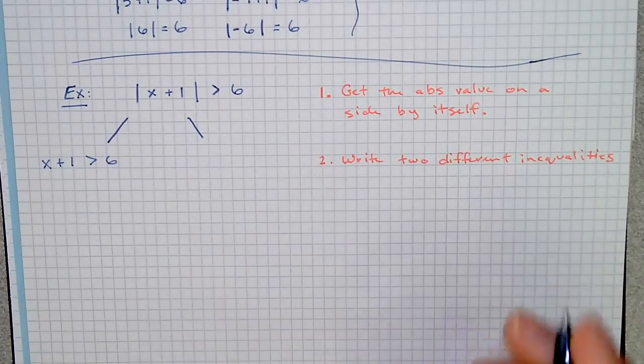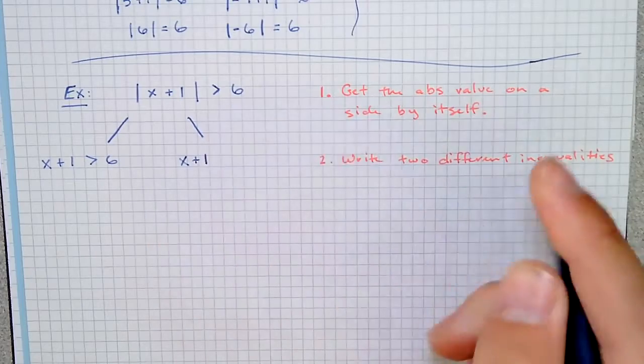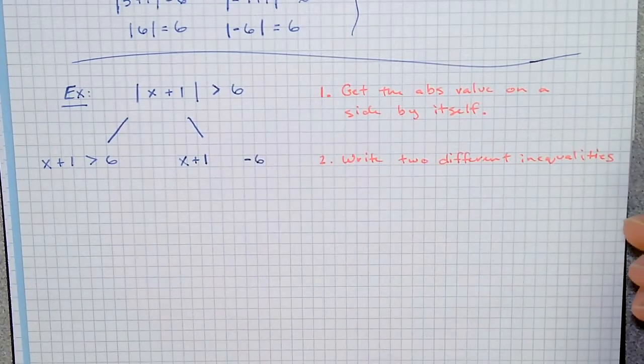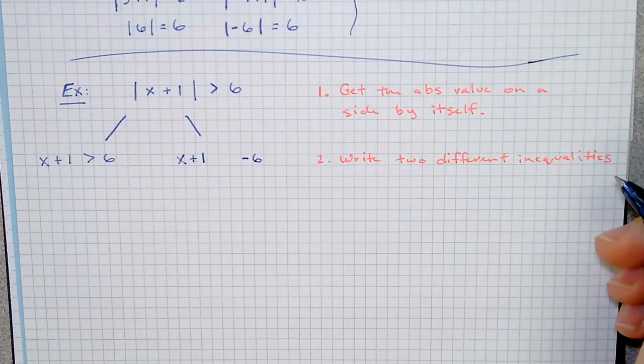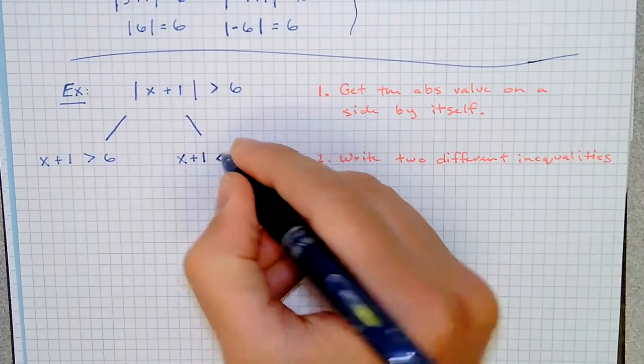Now your second inequality is going to be a little bit different. Just like we did above, we're going to make the answer negative, but we are also going to flip the sign.